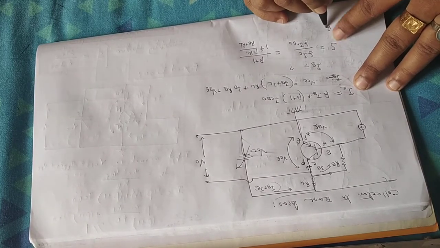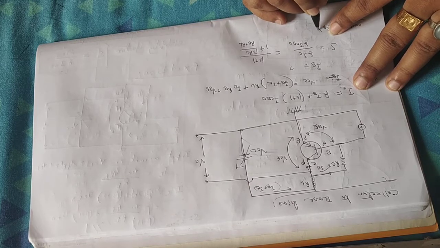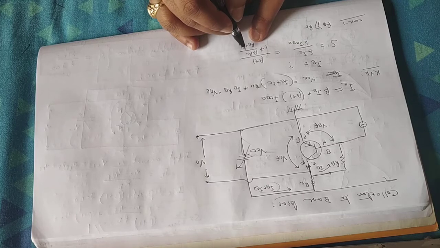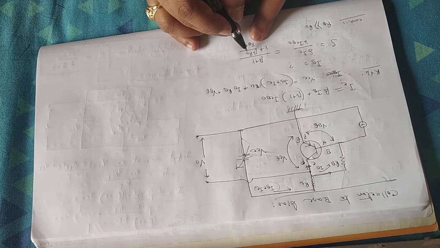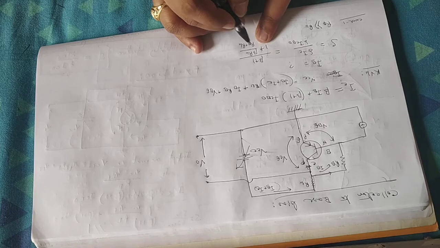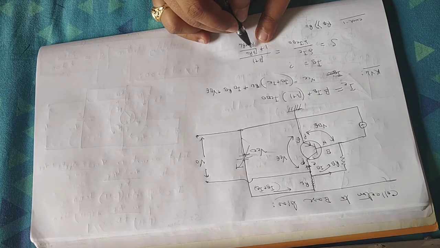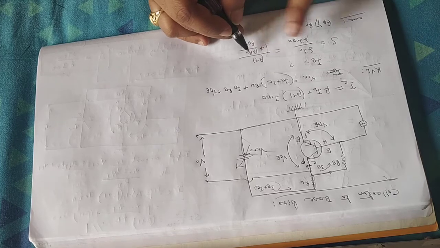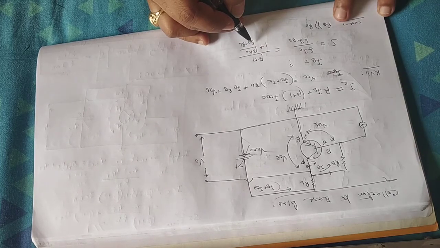It is considered that RB is much greater than RL. So you consider RB is much greater than RL, so you can neglect the value of RL. Then the stability factor will be beta plus 1 divided by 1 plus a very high value.